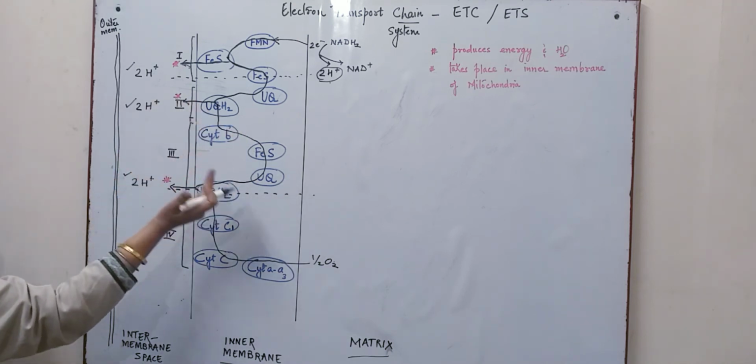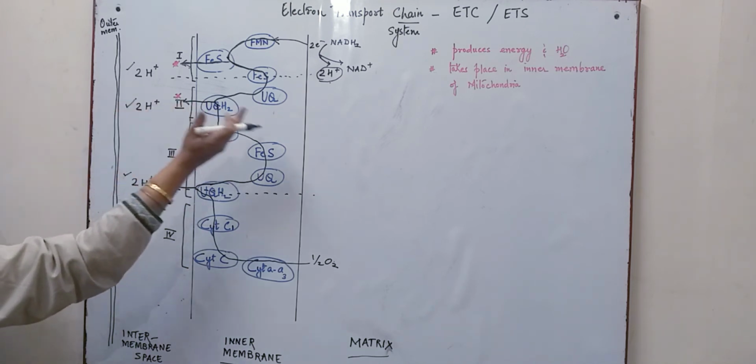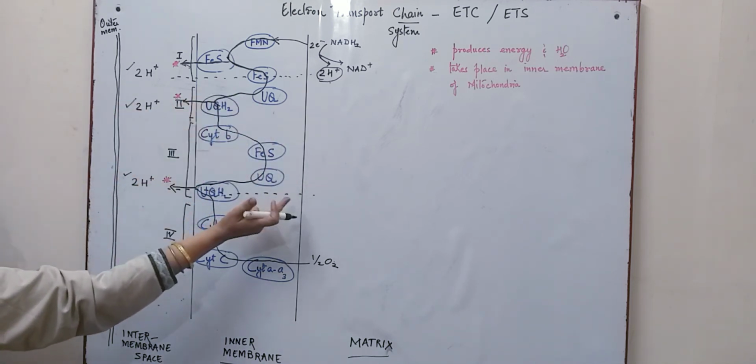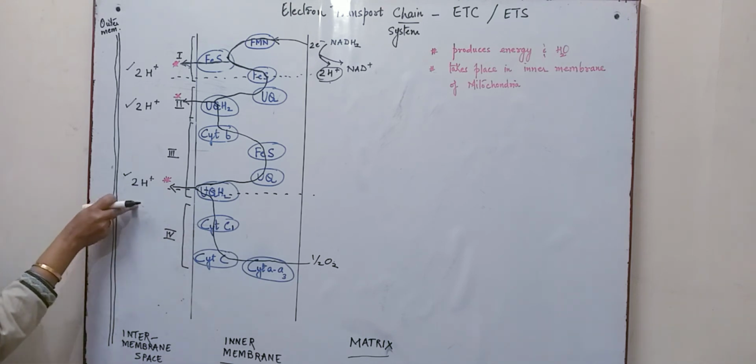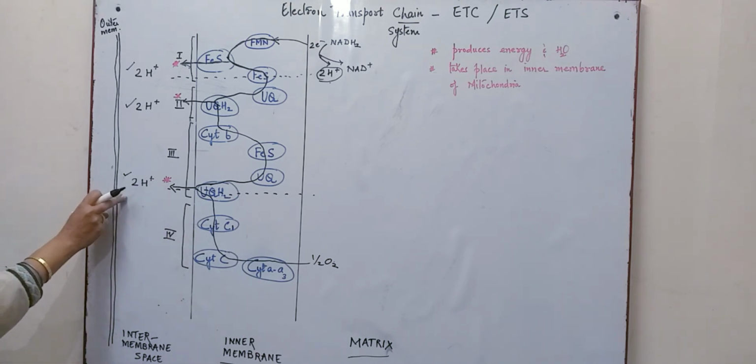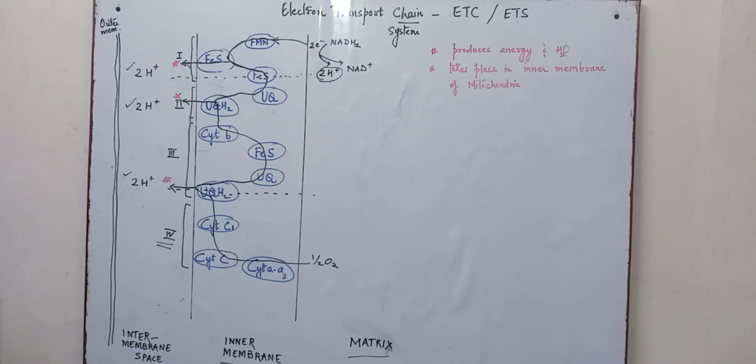Along with the release of the energy, this energy is utilized to transfer a pair of protons every time from the matrix to the intermembrane space. But at complex 4, that is cytochrome, there is no release of energy.